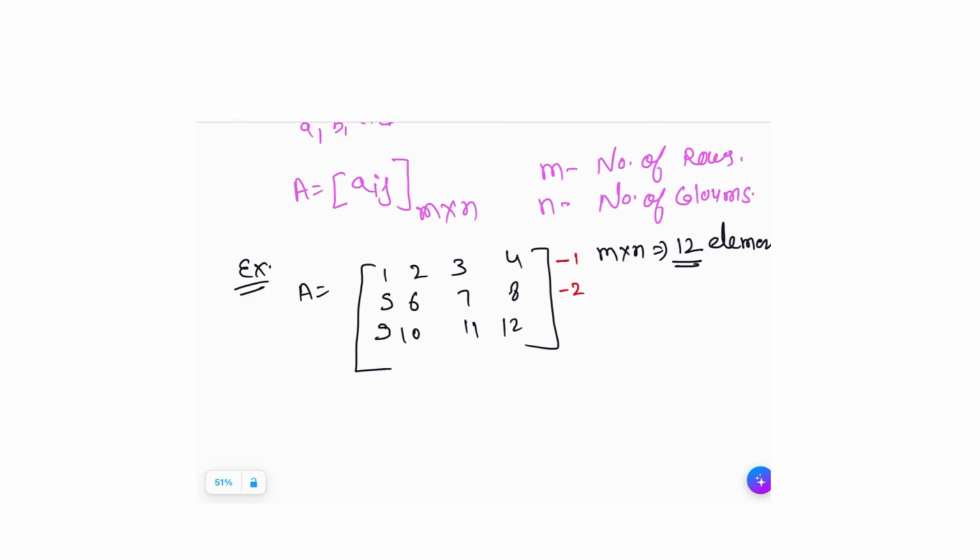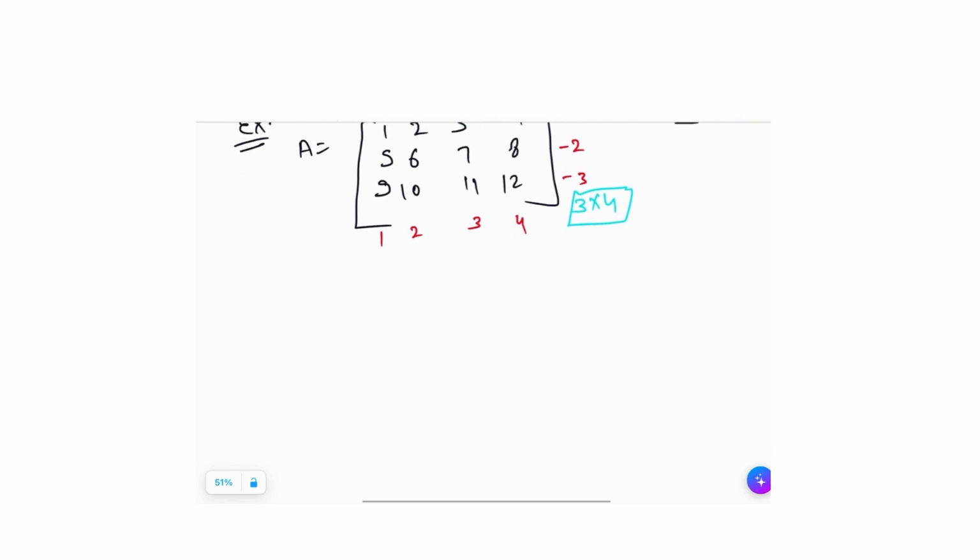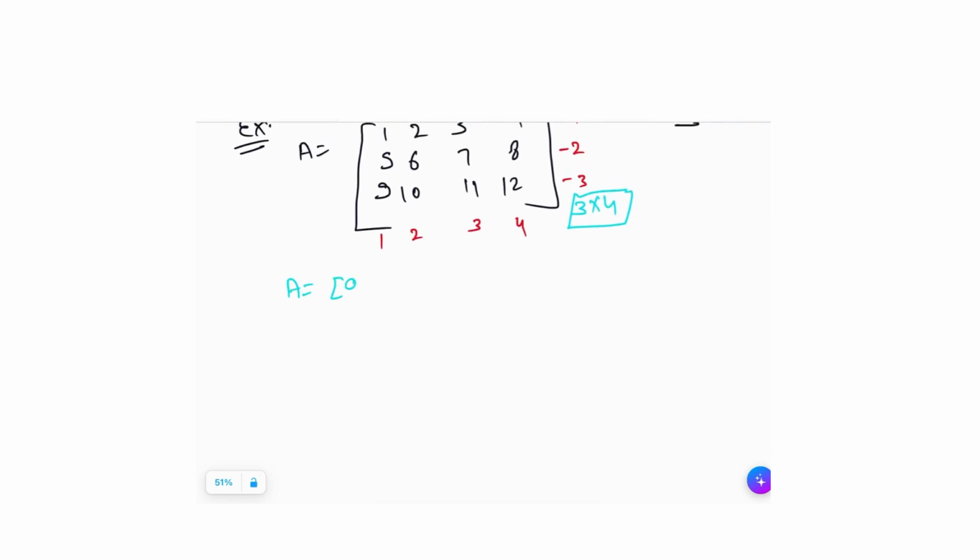How many rows do we have? 1 row, 2 rows, 3 rows, so it will be 3. Now how many columns do we have? 1, 2, 3, 4. Then the order is 3 cross 4. Then A will be denoted Aij 3 cross 4, where 1 less than or equal to i less than or equal to 3, and 1 less than or equal to j less than or equal to 4. Here i is the row and j is the column.